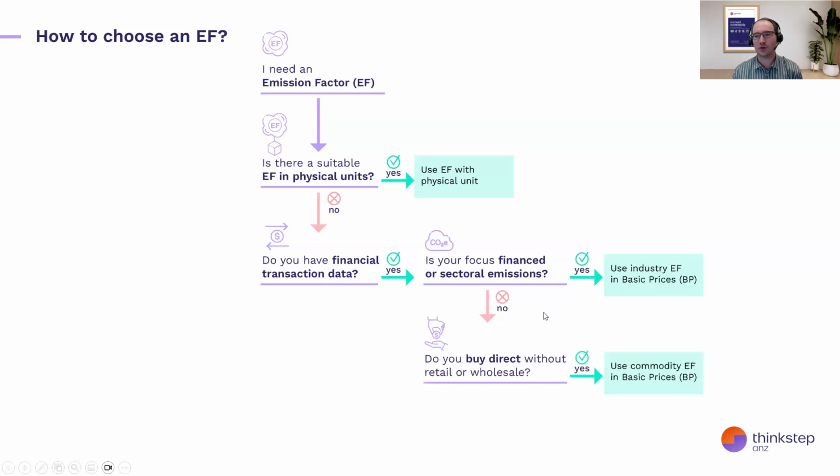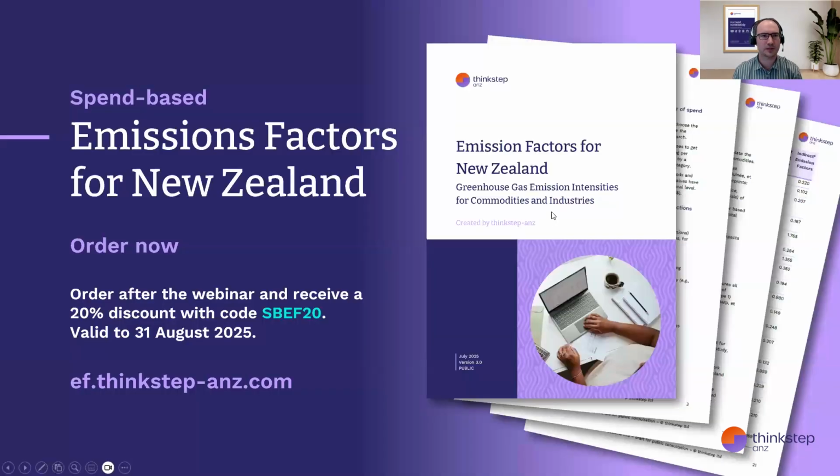If you are, you want to use the commodity emission factor in basic prices. If you're not, and you're buying through retail, through wholesale, then you want to use the commodity emission factor in purchases prices. So that maybe gives a little bit of a flavor of the decision tree that you need to work through to choose an emission factor.